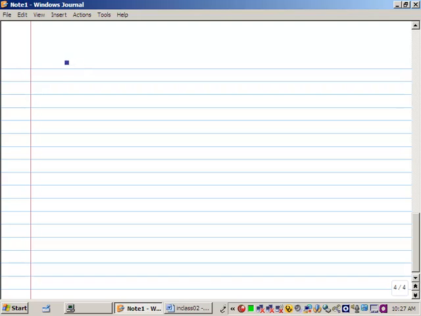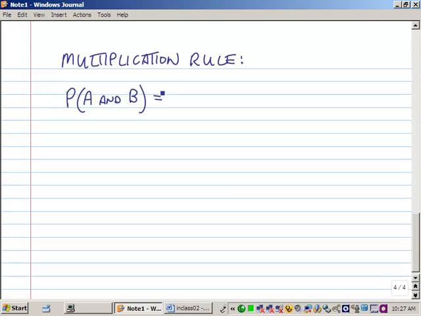So, in general, the multiplication rule, for two general events A and B: the probability of event A and event B occurring is written as the probability of event A times the probability of event B, conditioned on, or given that, event A has occurred. Okay, and so that's our multiplication rule. And remember that.